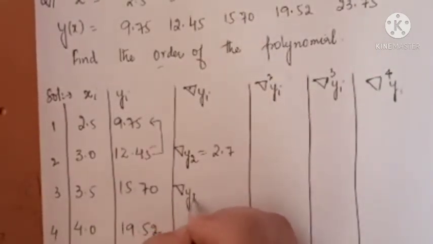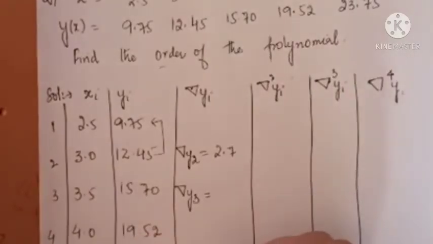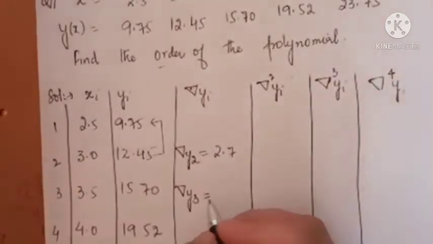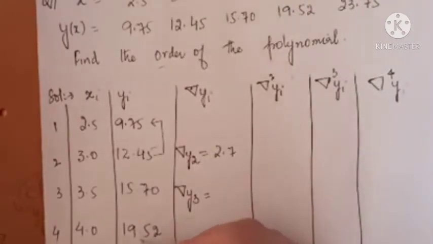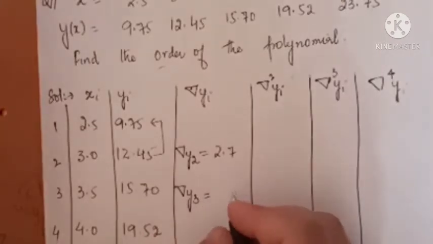Similarly, delta y3, the value will be equal to, you have to make sure the calculations are correct all the time, so this will be equal to 19.52 minus 15 point, this will be equal to 3.25.